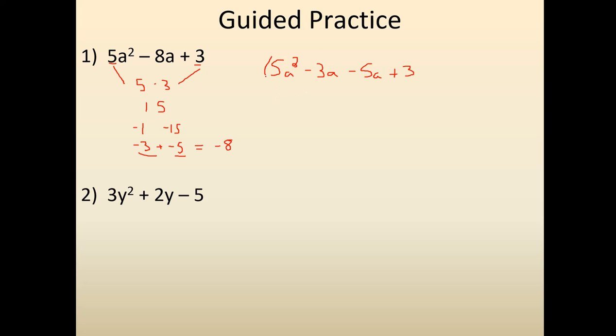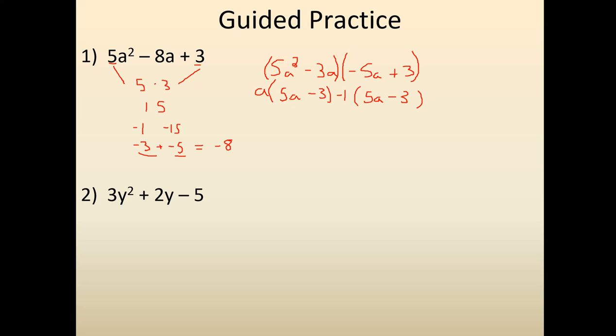Then I'm going to group my first two terms and group the last two terms, keeping that negative with the second group, and factor out the greatest common factor. Here I can factor out an a, and I'm left with 5a minus 3. Over here, the most I can do is factor out a negative 1, so that I'm brought back to 5a minus 3.